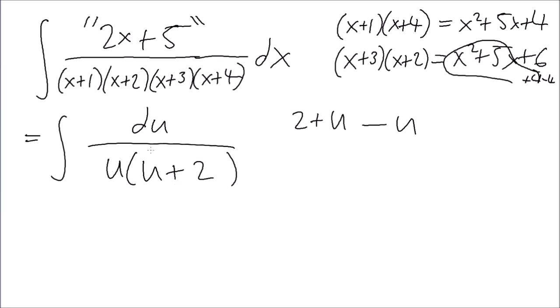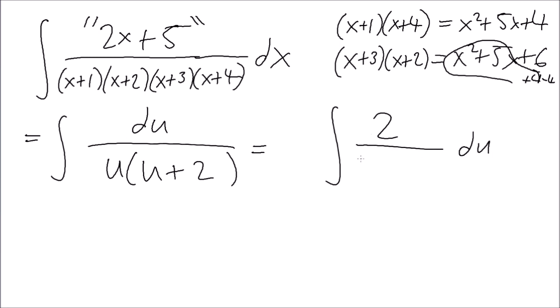But I need a 2. How do I get a 2 on top instead of just a 1? So what you can do is you can do 2 times du. But because I multiply 2 here, I have to divide 2 here.